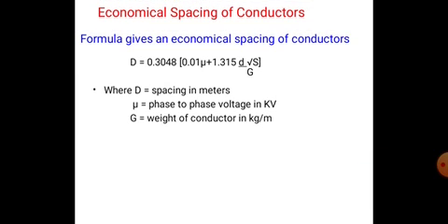So here D is the spacing in meters, that is 0.3048 into 0.01 mu plus 1.315 d by G into root S. Here D is the spacing in meters, mu is the phase to phase voltage, that is 11 kV or 33 kV in kilovolts, and G is the weight of the conductor in kg per meter, and small d is the diameter of the conductor, and S is the sag in meters, right?